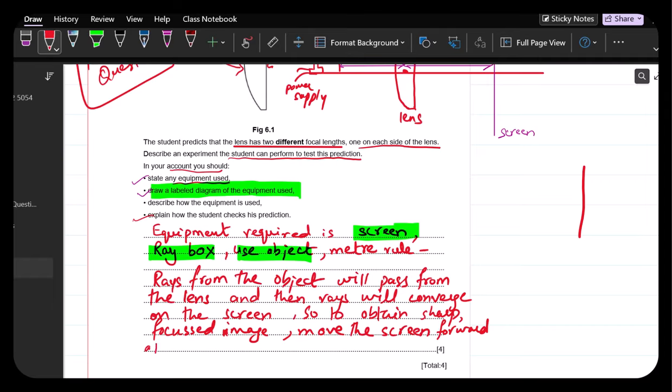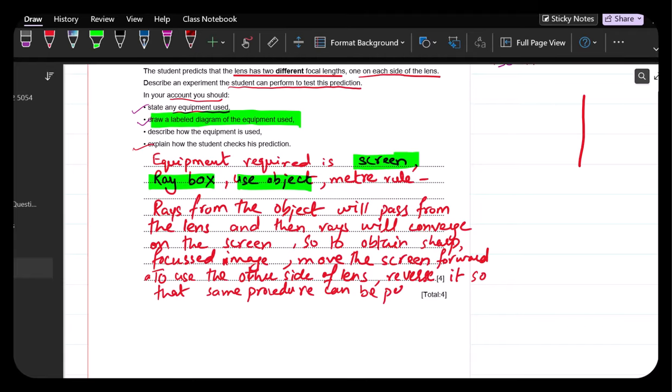Use the other side of the lens, reverse it so that the same procedure can be performed to see how the focal length varies, how the focal length differs. So this is the main agenda here: two different focal lengths on two different sides.